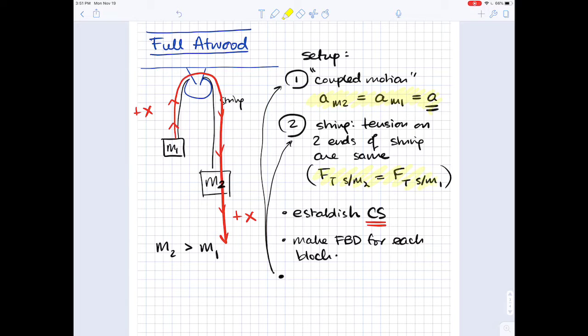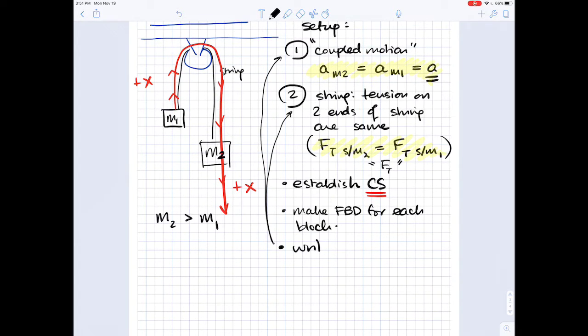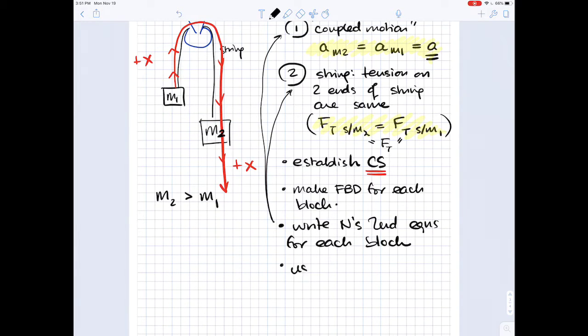So you might want to call both of these tensions just something simple so you know they're the same thing. So maybe you make them both equal to F sub T, even though it doesn't have a label. And then you want to use elimination or substitution to solve for the acceleration.